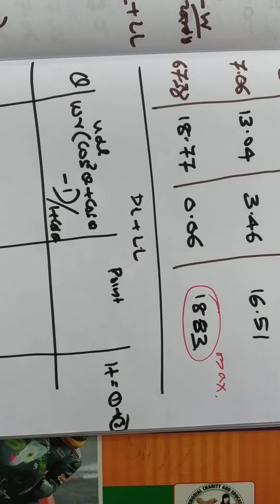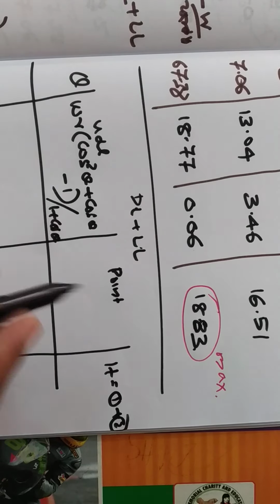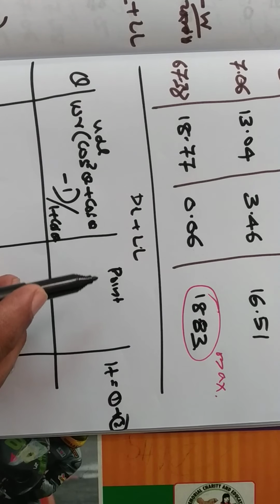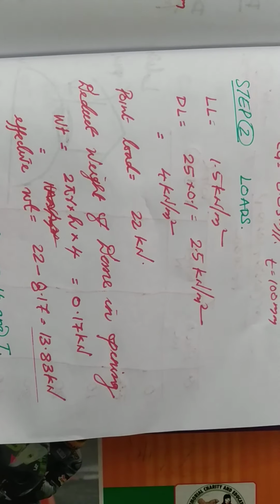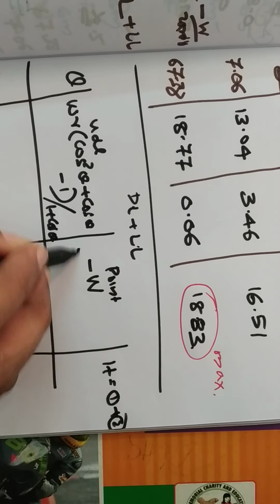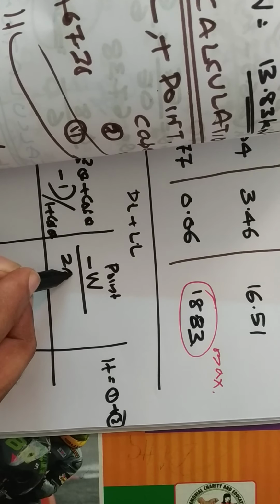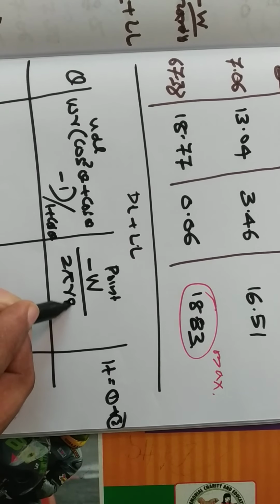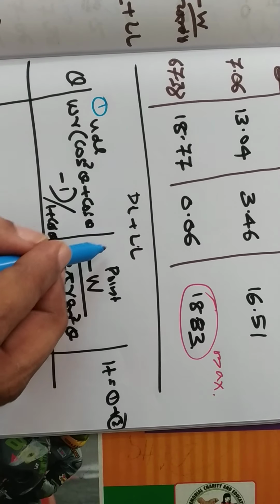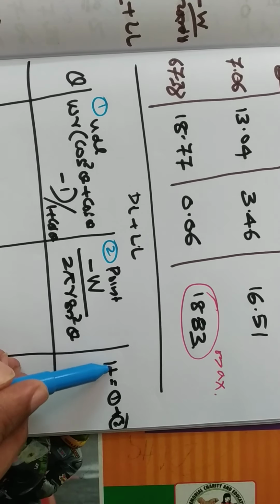You have seen this formula before. When point load comes, your H will become minus W divided by 2 pi R sine square theta. So this is column number 1 and this is column 2, and your value of H is 1 plus 2.